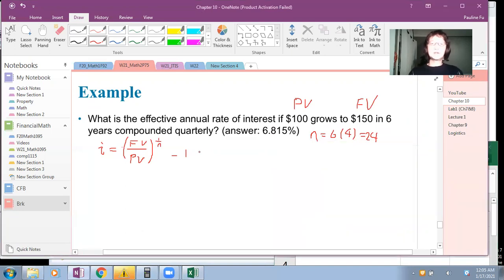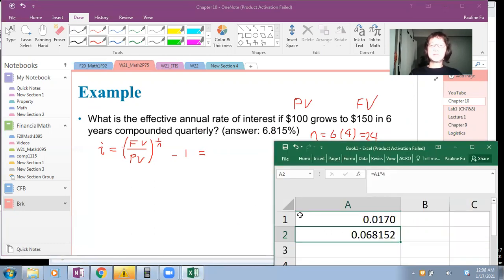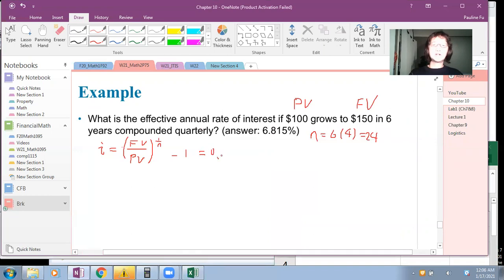This gives you I. Remember, I refers to the periodic rate. The question asks for the annual rate. So I calculate 0.017. For the annual rate, you have to multiply 0.017 by 4.